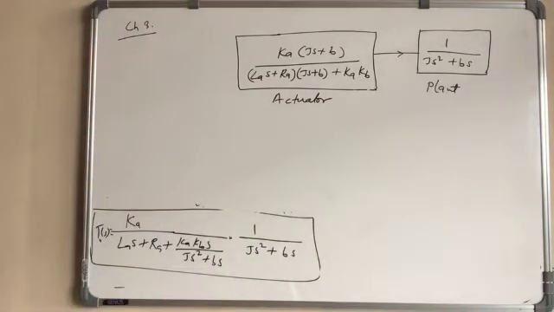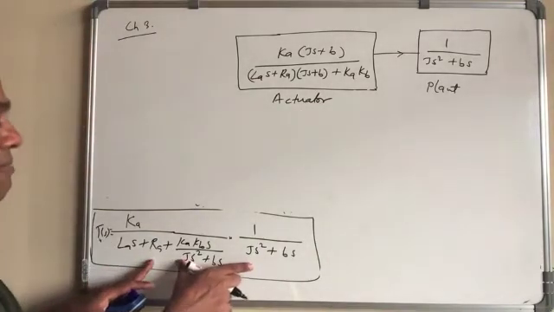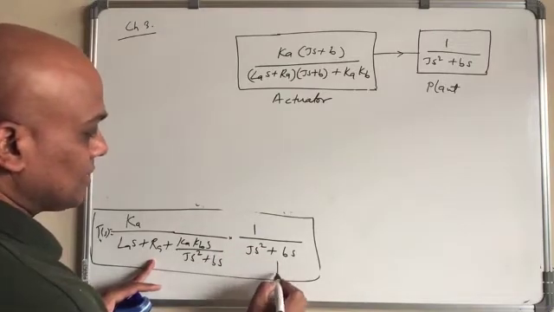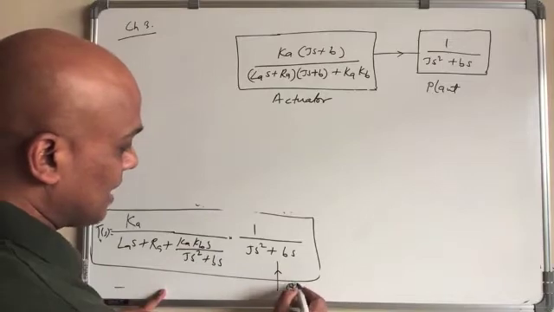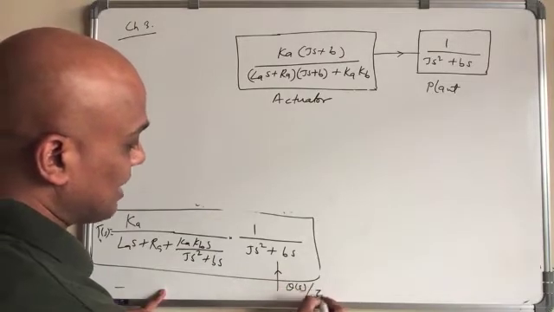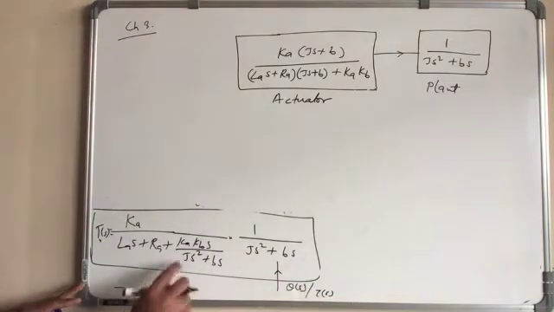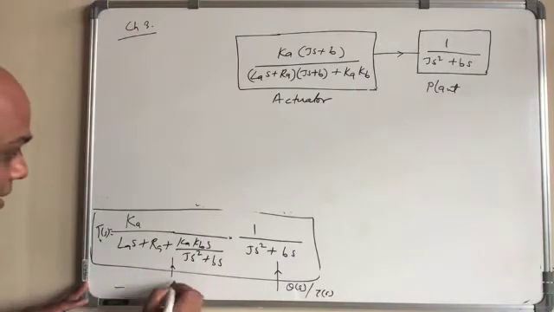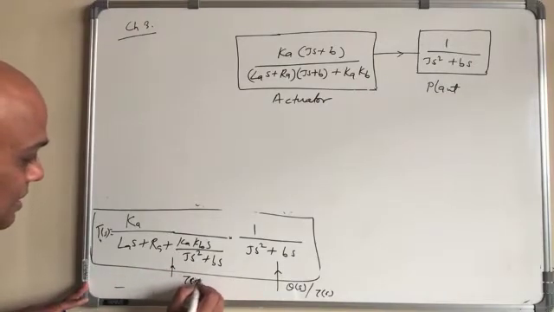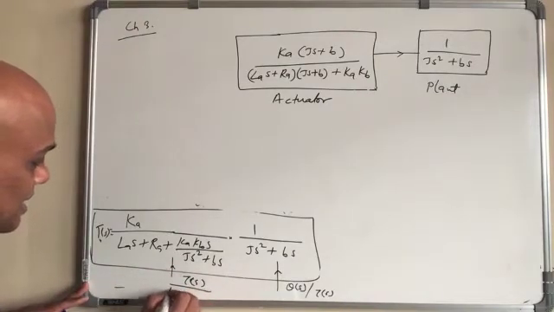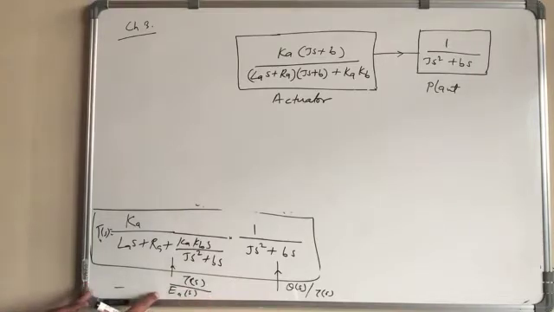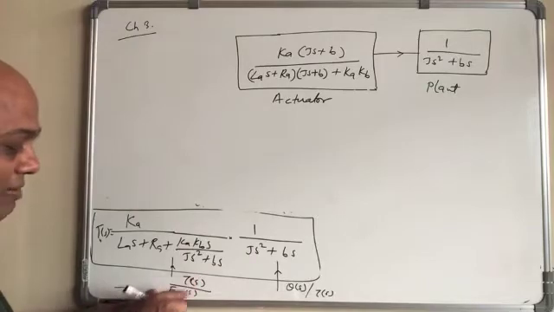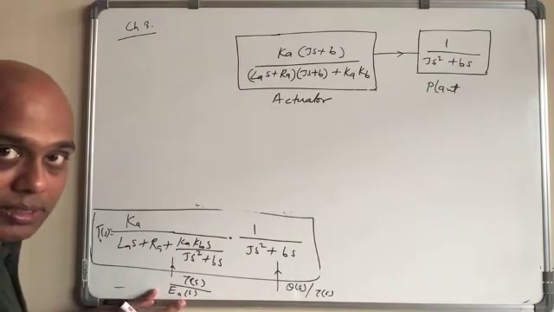Since two things are combined here, this one is basically theta S divided by tau S, and this part is tau S divided by EAS, torque divided by input volt.